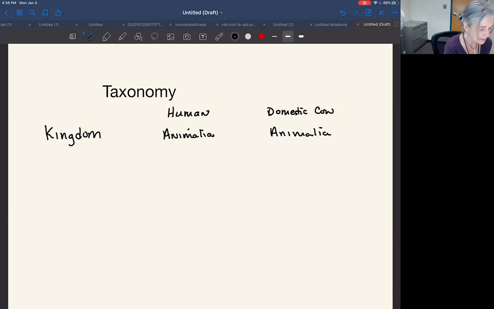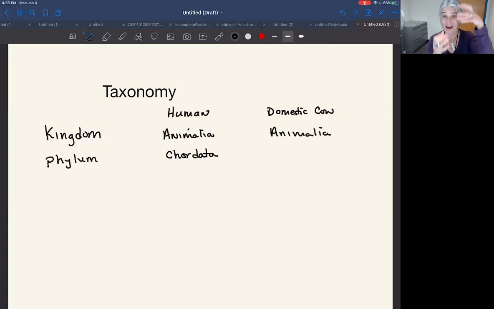So we have the kingdom. The next group is the phylum. So this is a smaller classification. So wherein the kingdom contains all of the animals, our phylum is going to be Chordata for humans. This is the primitive notochord, which makes up our vertebral column, and it also is related to our spinal cord.